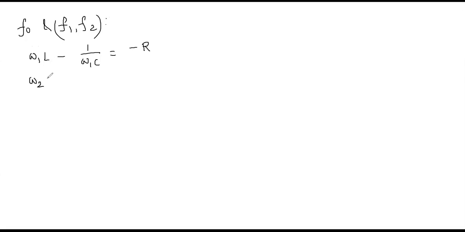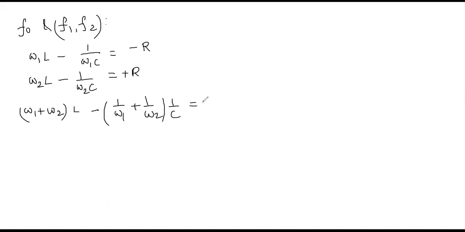Again, at the upper half power frequency, omega 2 L minus 1 by omega 2 C equals plus R. If we add these two equations, then (omega 1 plus omega 2) into L, minus (1 by omega 1 plus 1 by omega 2) into 1 by C, equals 0.